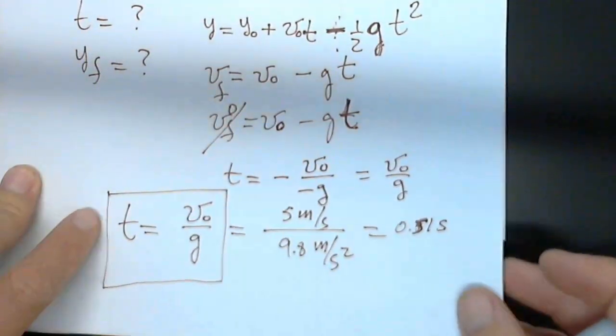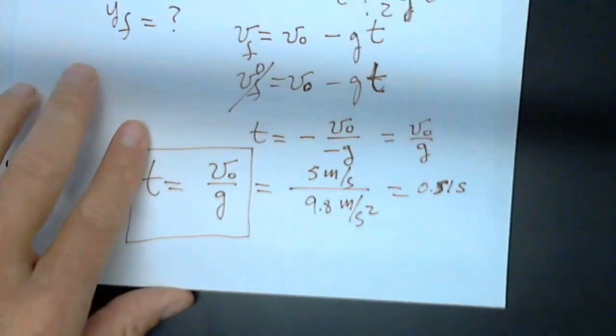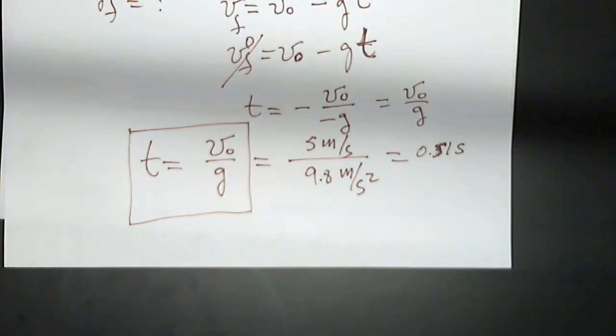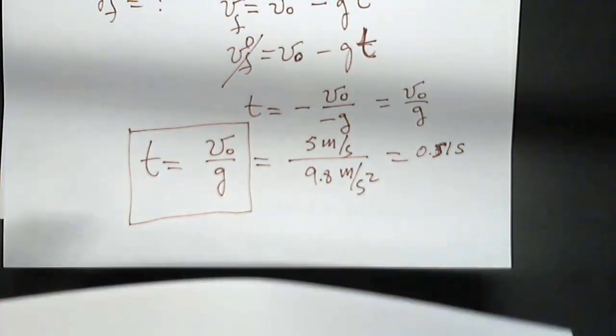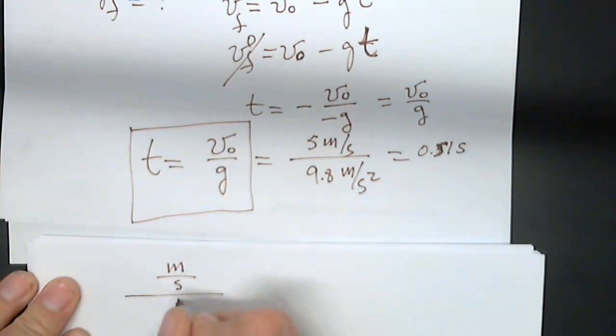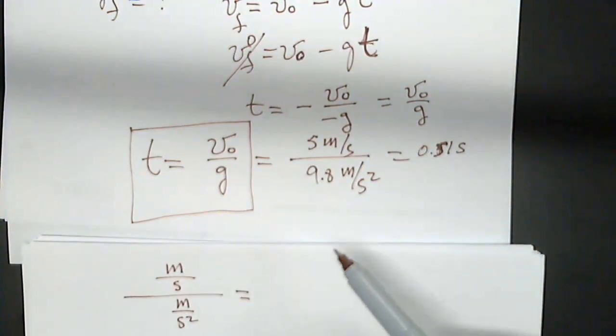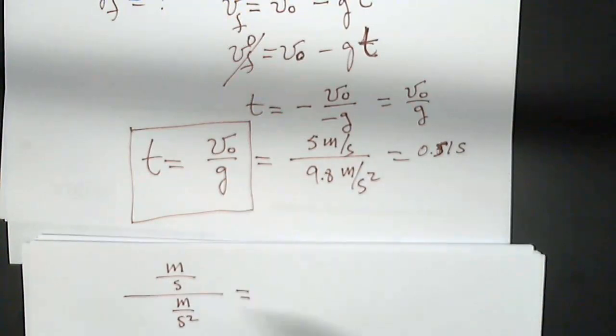Now let's check the units. It's very important to check the units, because if you make a mistake, you catch that mistake by just checking the units. For example, in this case, we have meters per second divided by meters per second squared. Remember that time is in seconds, so this is supposed to simplify into seconds.